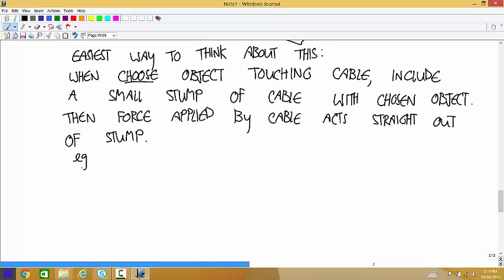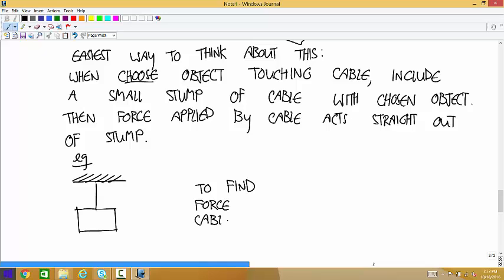Okay, so for example, if there's a box that's hanging from a cable connected to the ceiling, and you want to find the force the cable applies to the box. There's the box.